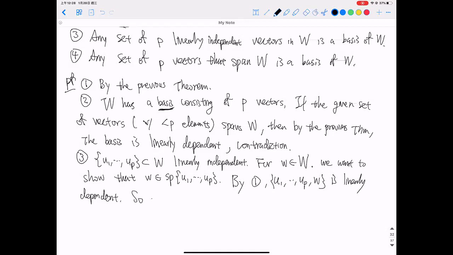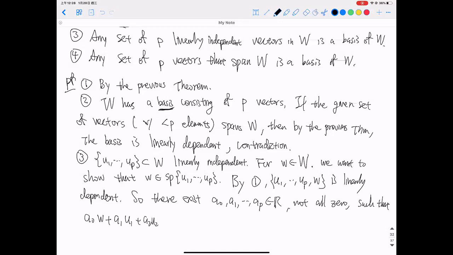So there exist A0, A1 up to AP, real numbers, not all 0, such that A0 w plus A1 U1 plus A2 U2 plus up to AP UP equals 0.